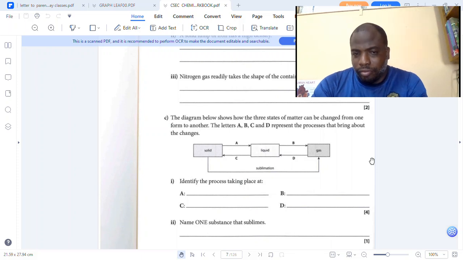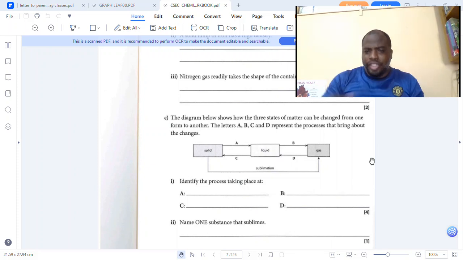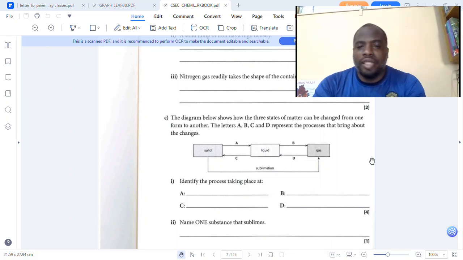So we see A, B, C, and D. Now from a solid to a liquid, what are we doing in terms of energy, in terms of temperature? If you said it, yes, we are increasing the temperature. We are adding heat. Yes? And by doing so, we are causing the substance to move from a solid to a liquid.